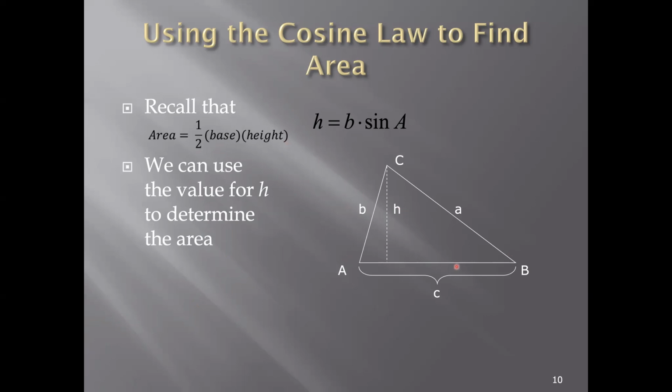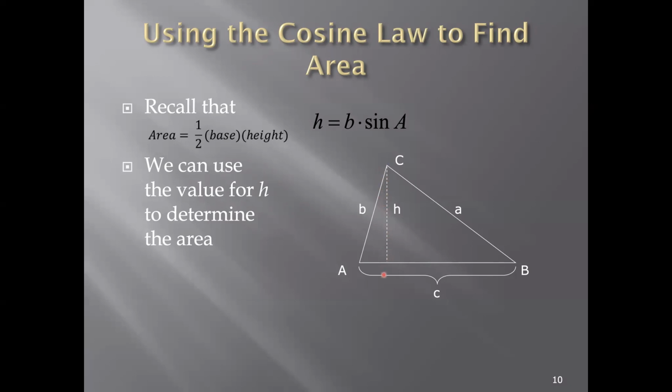Please take note of this triangle. Suppose you are given angles A, B, C and then sides A, B, and C. Here our base is C, and then the height is the perpendicular distance from C, which is the base.